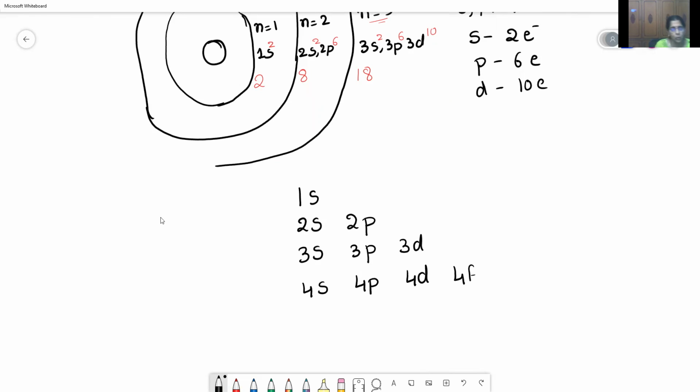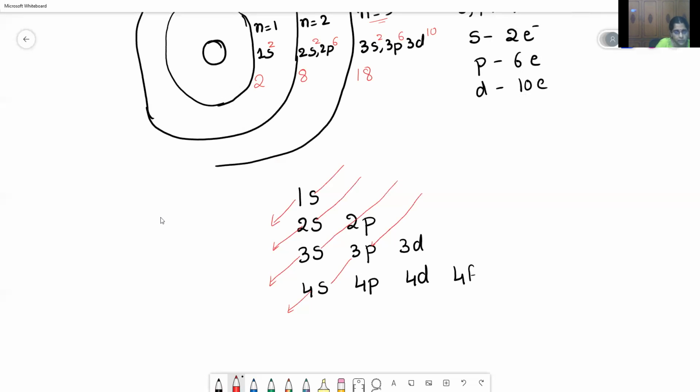Now, how are the orbitals filled in an atom? First you draw an arrow like this. Then the next arrow cuts the first orbital of the next row, and the next arrow cuts the first orbital of the third row, and so on.